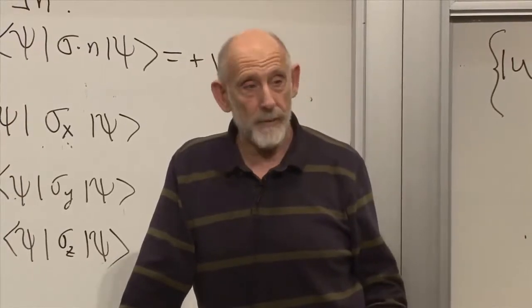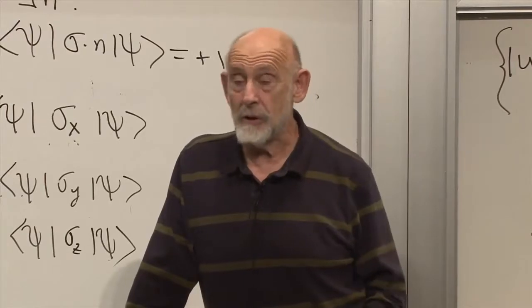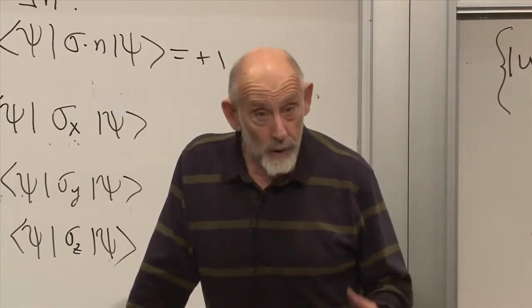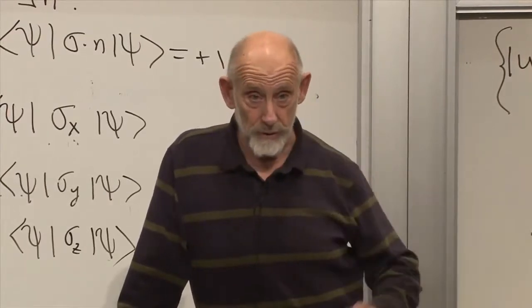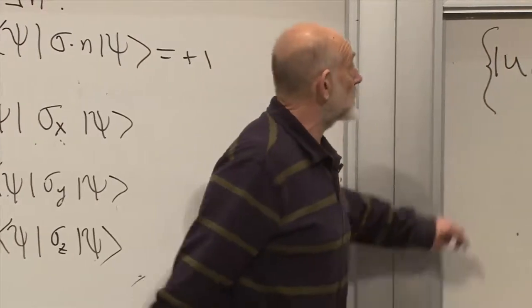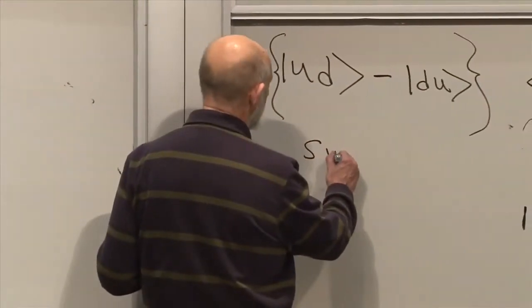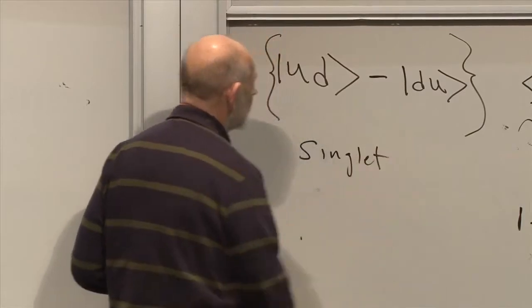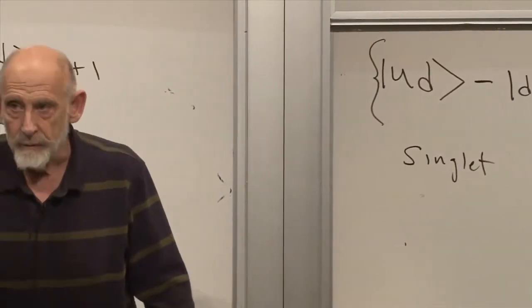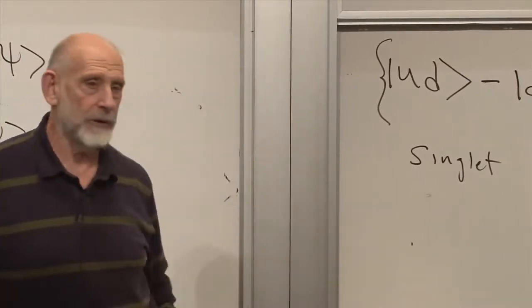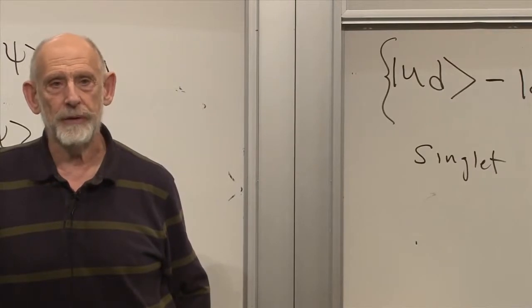So, in an ordinary laboratory situation, in an atom, the electrons are close enough together that they will radiate a photon in not too long a time to achieve this so-called singlet state. This is called a singlet state, singlet. I'm not going to tell you why right now. There are 4 basis vectors altogether. The reason that this one is called a singlet is because there are 3 others which are the triplet. Okay?